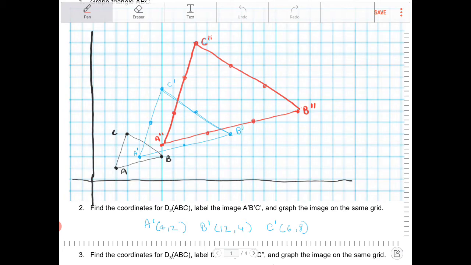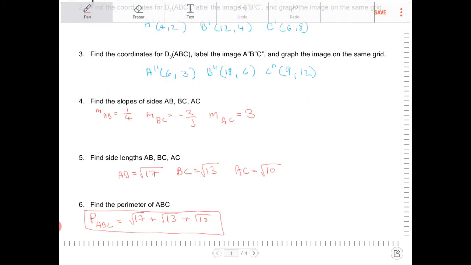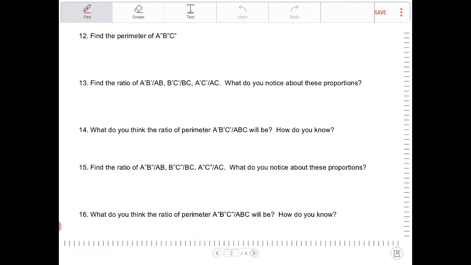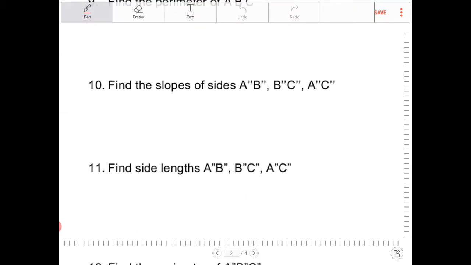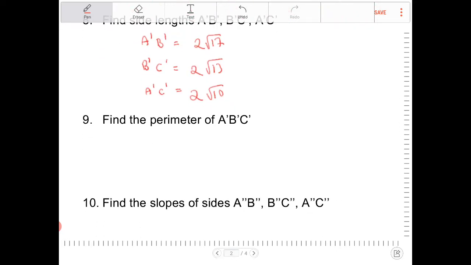So all the lengths are going to be multiplied by a factor of 2 or 3. What those lengths were, square root of 17, square root of 13, and square root of 10, this would be multiplied by a factor of 2. That's all it is. Find the perimeter of A prime, B prime, C prime.